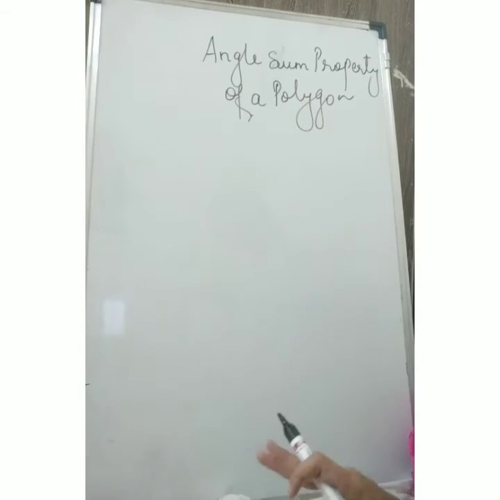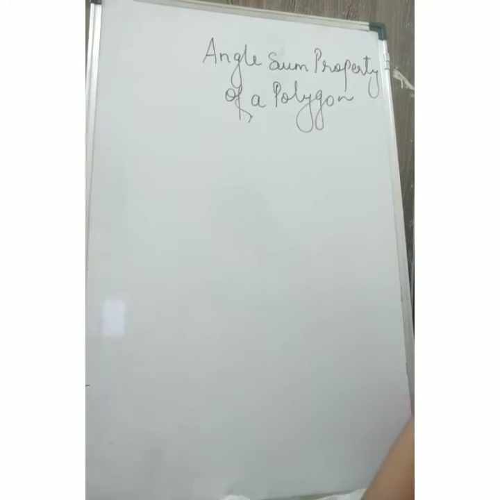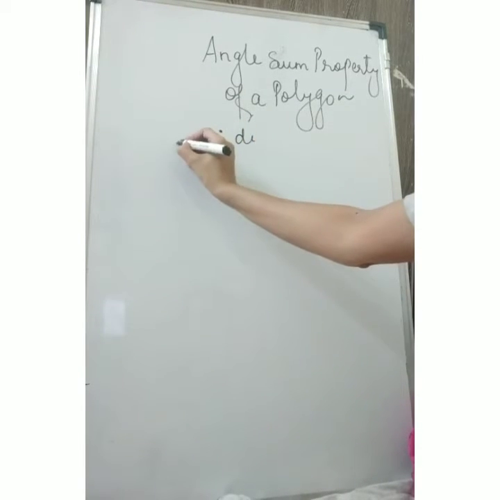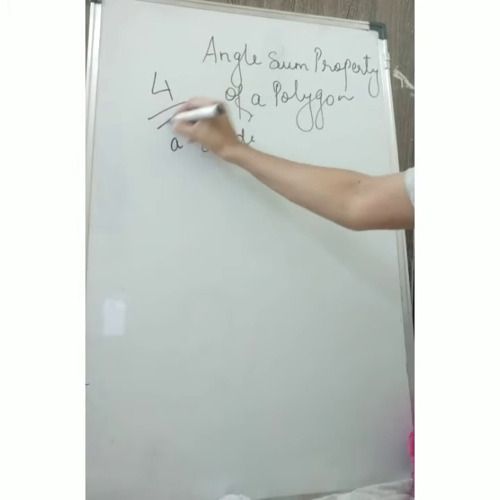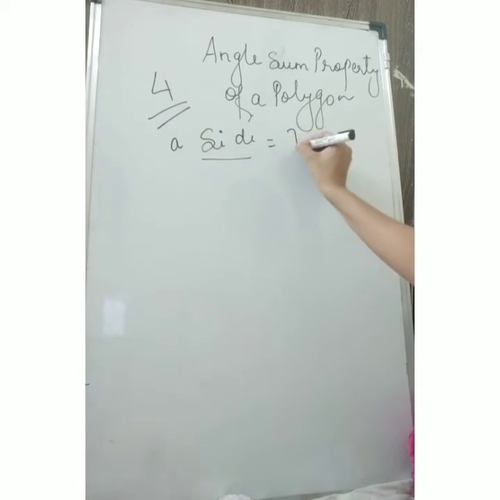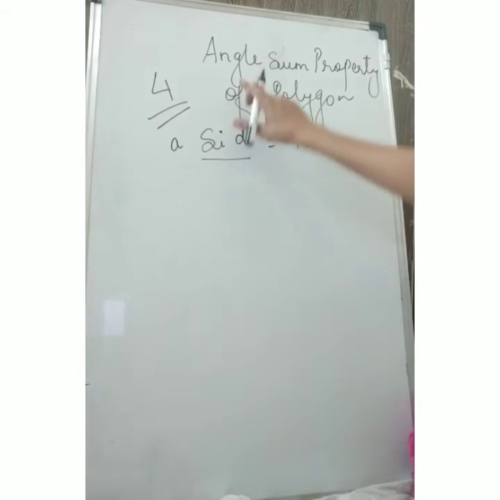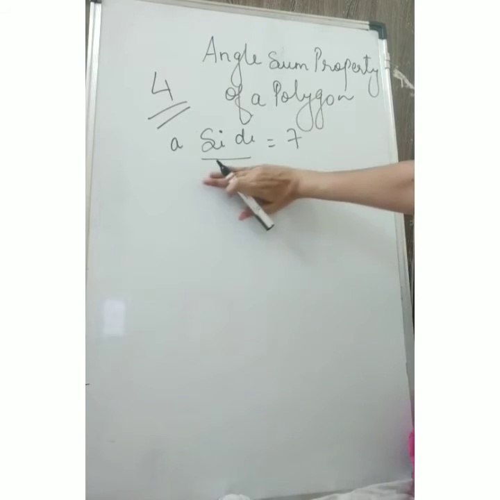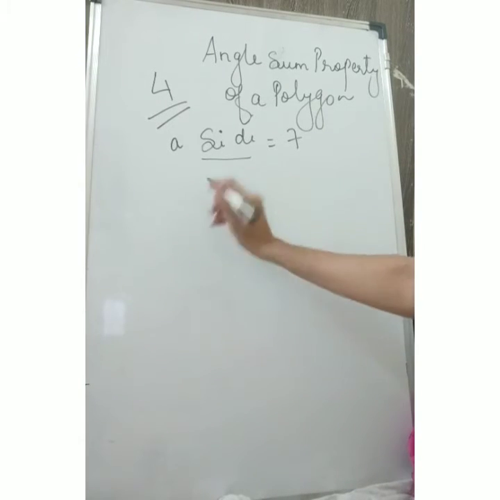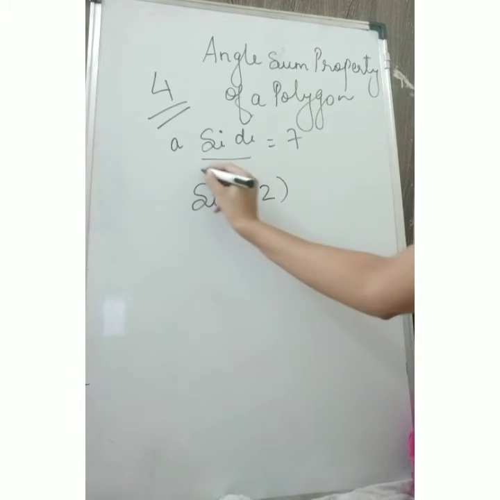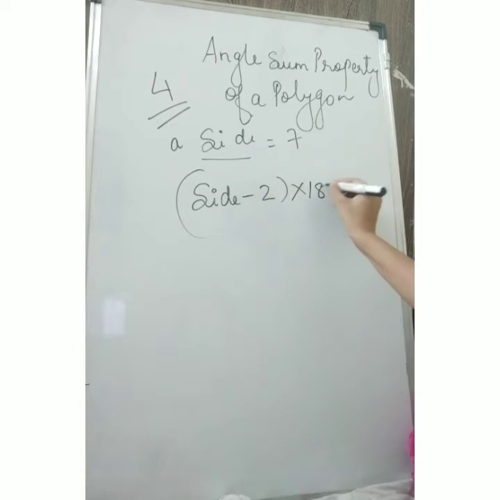Okay. That was just an example, because now we have to answer the question, part A. If it has 7 sides, we have to find out the sum of the angles of a polygon. So just now I told you the formula is sides minus 2 into 180 degrees.